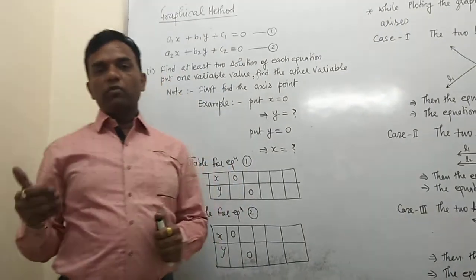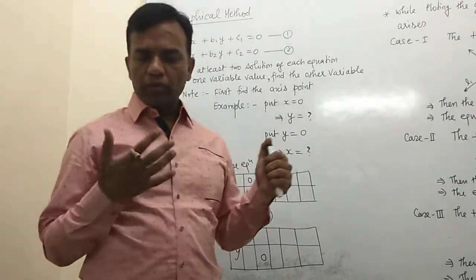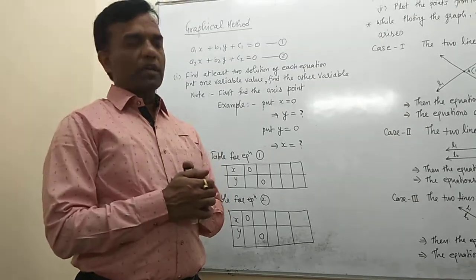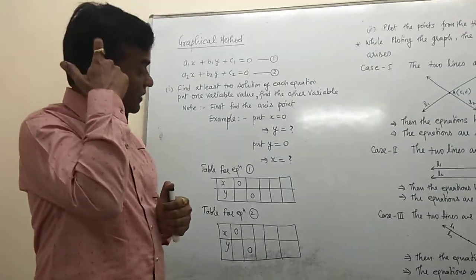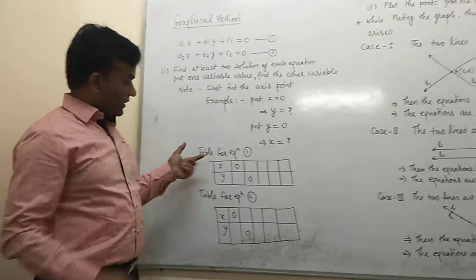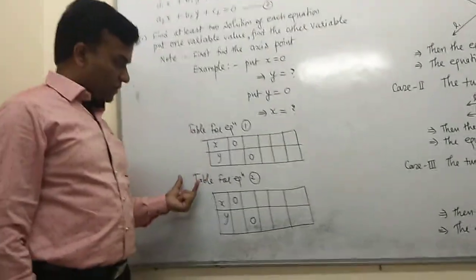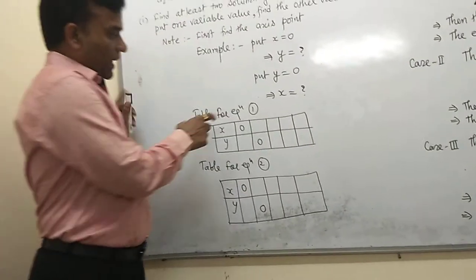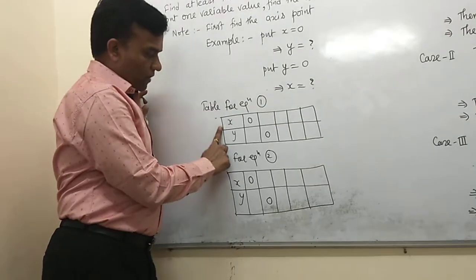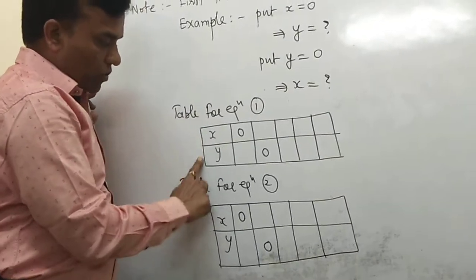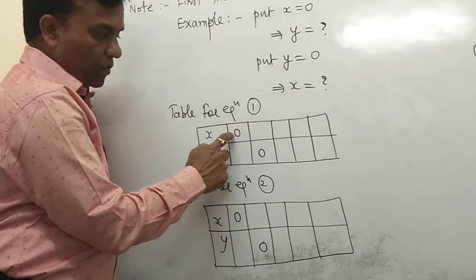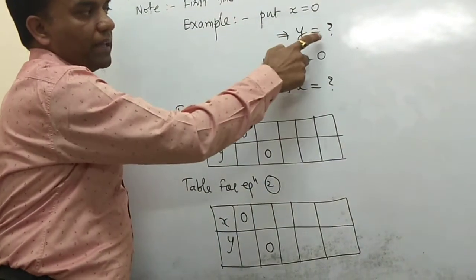Simultaneously you apply this process: you put x equal to 1, x equal to 2, and so many values for both equations one by one. Then we draw a table for equation 1 and a table for equation 2. In the table, you write down x and y. You put x equal to 0 and write down the value of y.